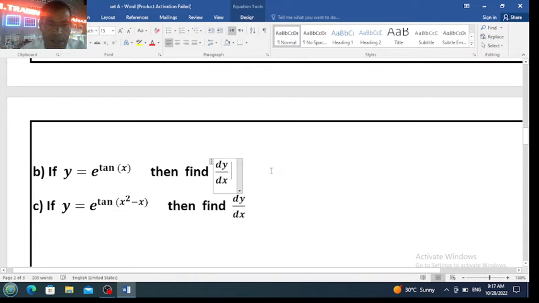The first derivative of tangent of x is equal to f dash times sec square of x.